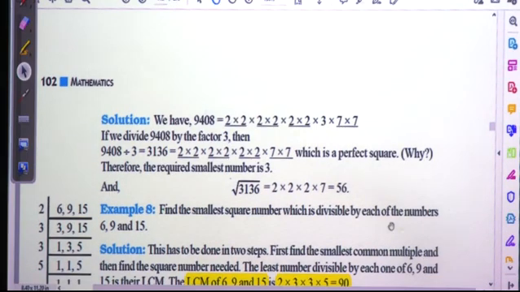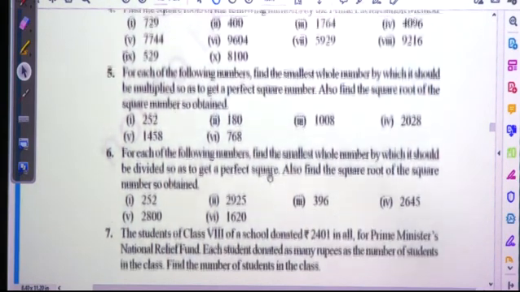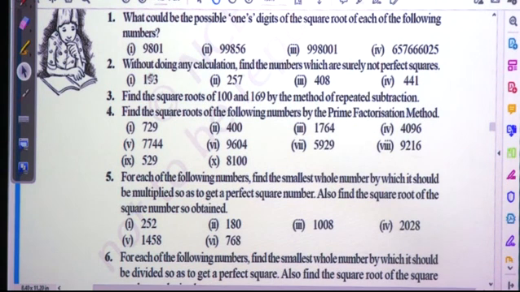And let us see here what exactly the things are. Without doing any calculation, find the numbers which are surely not perfect squares. 3 is present here, not a perfect square. 7 is present here, not a perfect square. 8 is present in ones place, not a perfect square, and this is a perfect square.